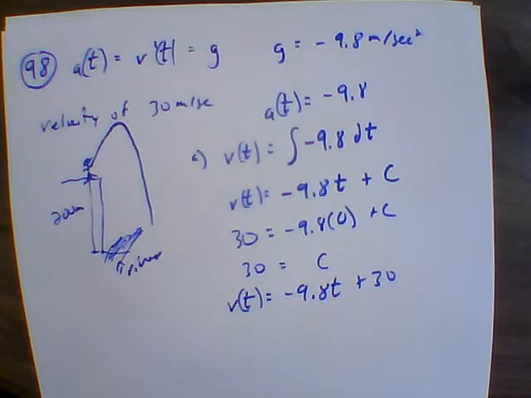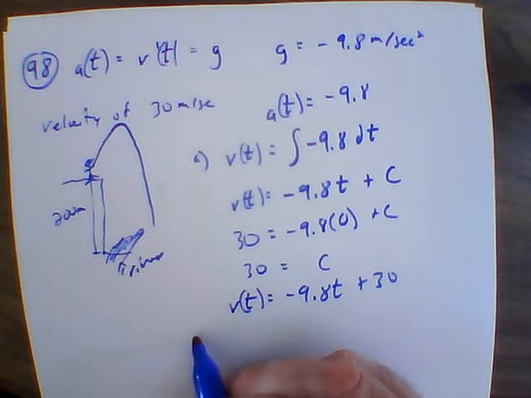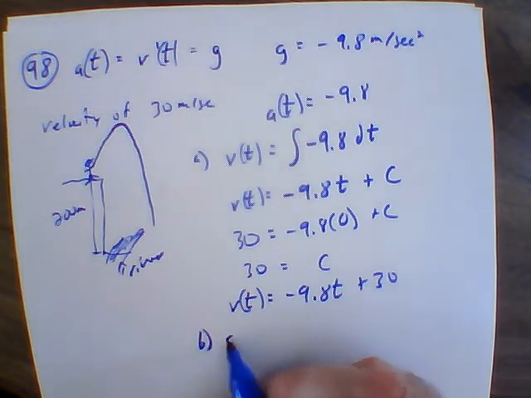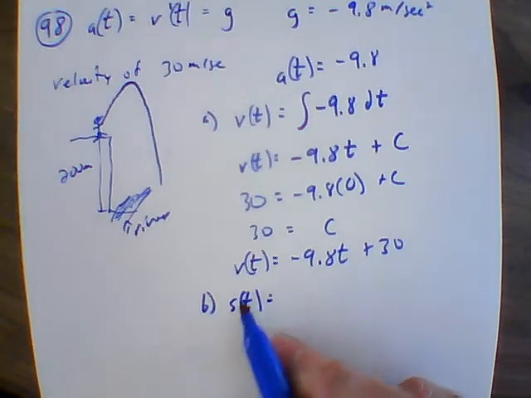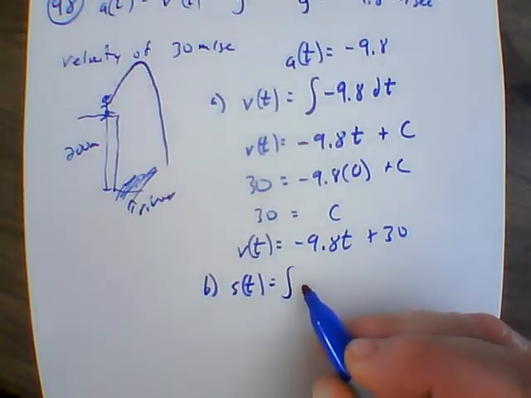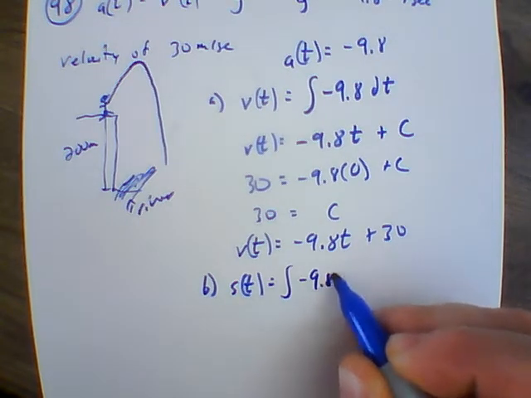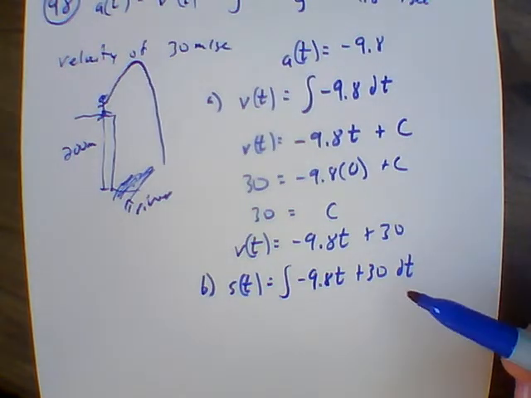Then it asks us to find the position of an object for all relevant times. Okay, so now we want to go to that standard position formula. Okay, so once again, the standard position formula, well, the derivative of the standard position gave us velocity. So if we take the integral of our velocity formula, that negative 9.8 t plus 30 dt, we're going to take the integral of this.